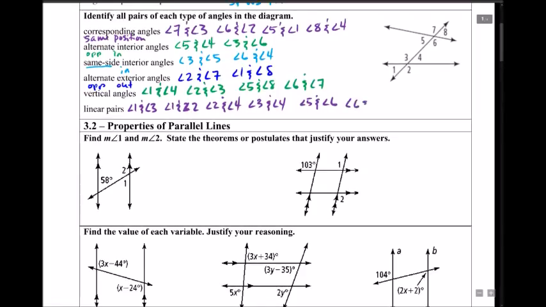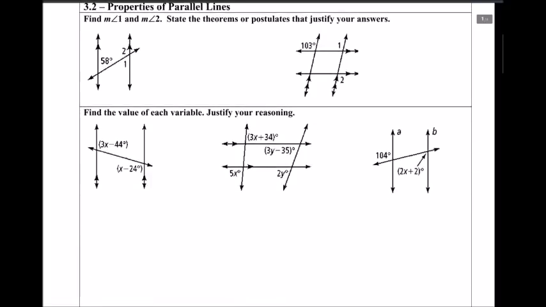So angle 6 and angle 8 and angle 8 and angle 7 and angle 7 and angle 5. So we had lots of those. You should be able to recognize all of these special angle pairs. These are our 6. All right, let's move on to 3.2.